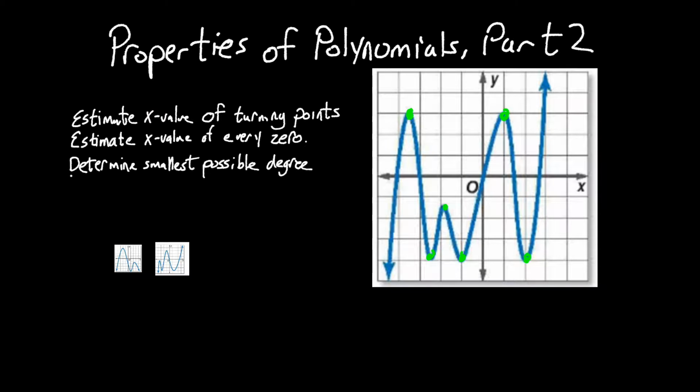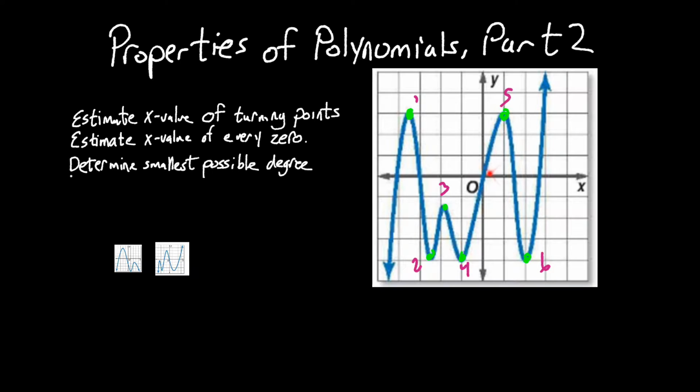And if we're going to estimate the x value, all we care about is the x-axis. We don't care how tall or low they get, just where on the x-axis are they. So I'm going to label these 1, 2, 3, 4, 5, and 6 so that we know which one I'm talking about. And let's look at that first one, number 1.